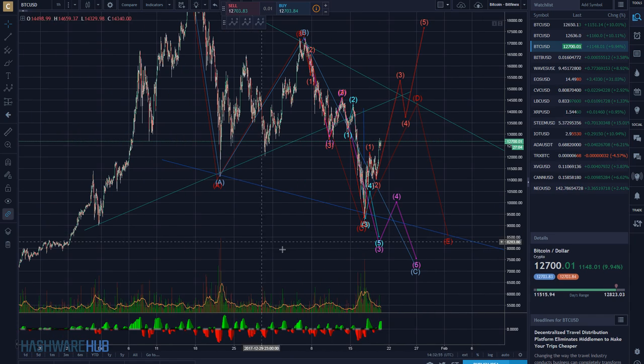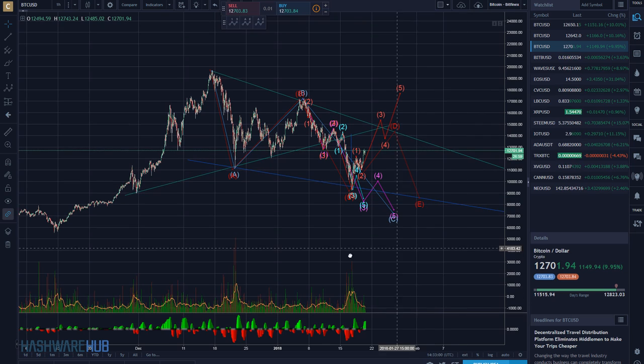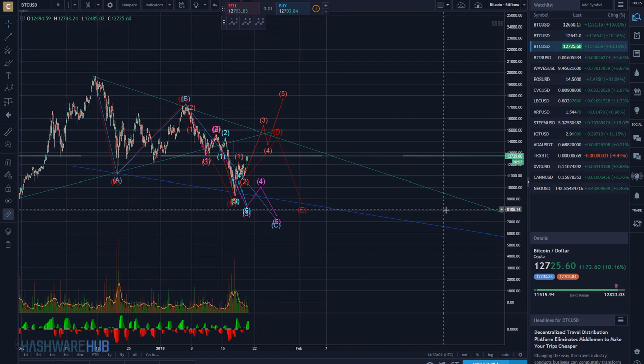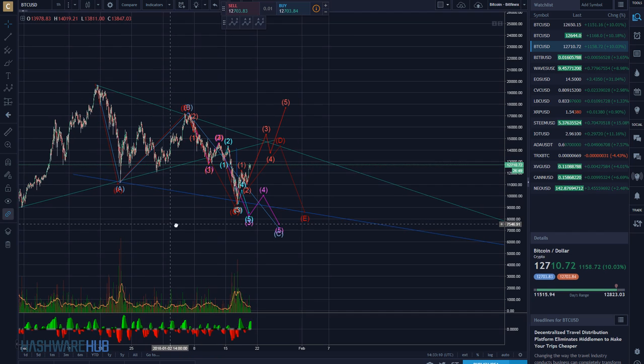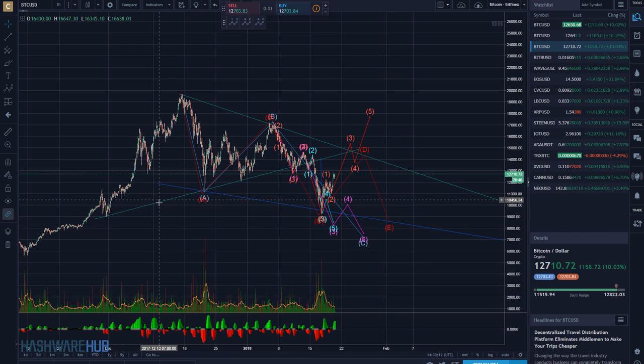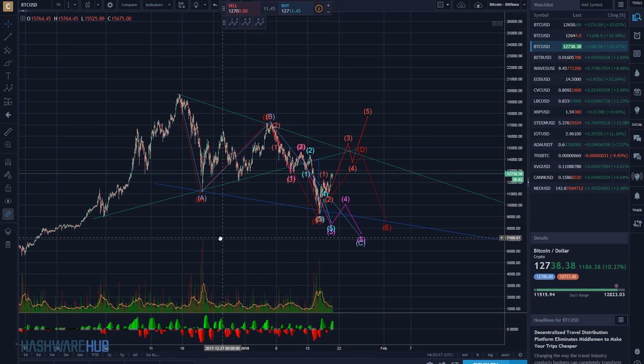So the next thing that we have here is this descending wedge. This descending wedge is drawn specifically from this point and this point and this point and this point. Okay? What we're still leaving in is this wedge that we had originally a long time ago.